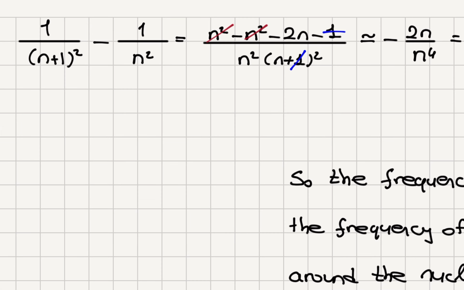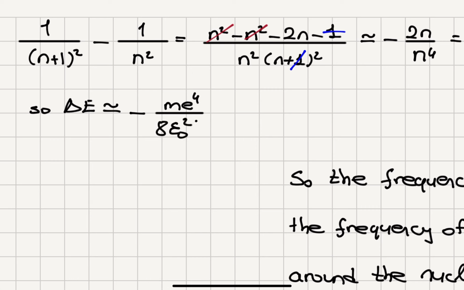Okay, so the energy difference between the two levels, delta E, which goes to the emitted radiation, is approximately minus me⁴ divided by 8 epsilon 0² h² multiplied by minus 2 over n³.